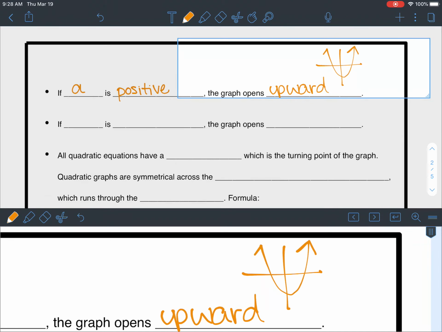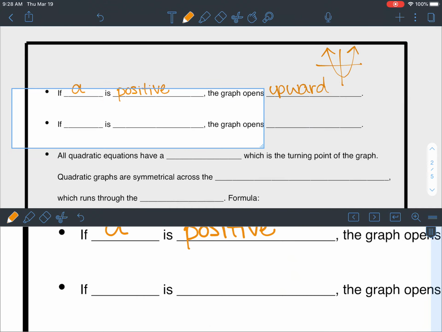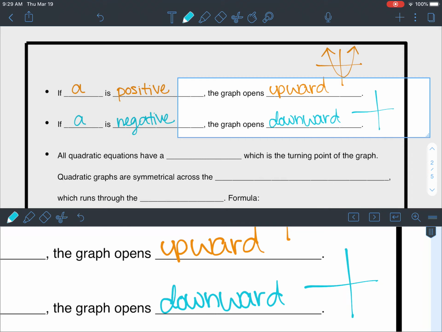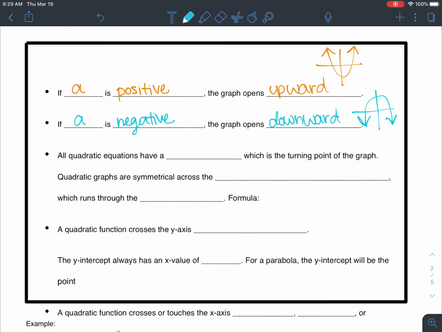So if my a value is positive, then I'm going to have a graph that looks like this. If my a value is negative, then the graph is going to open downward, meaning my graph is going to look something like this.